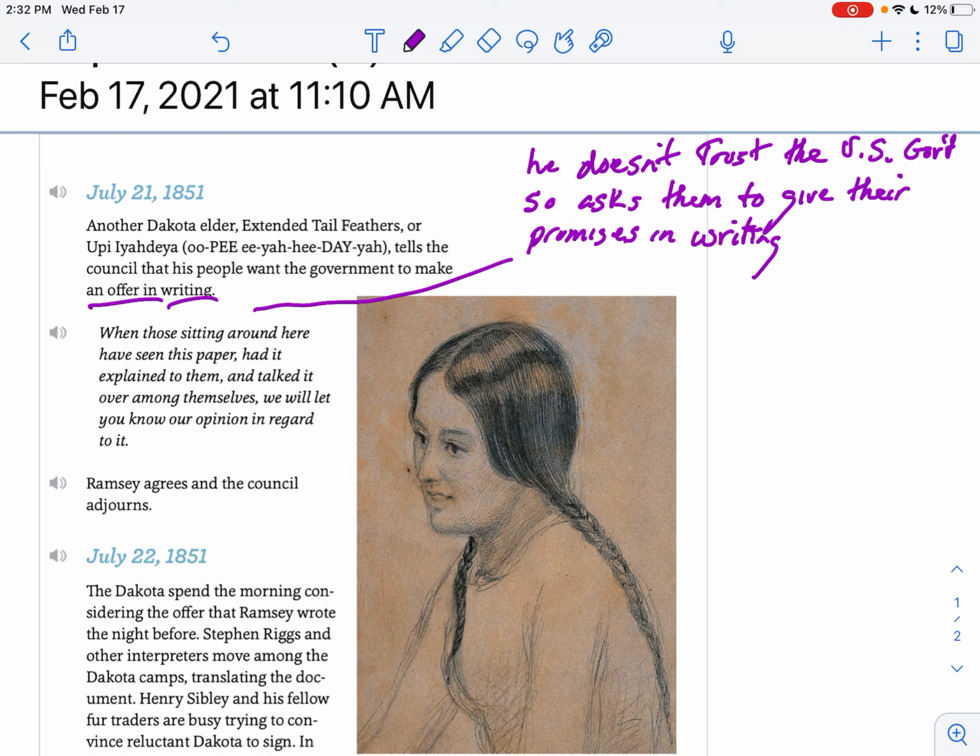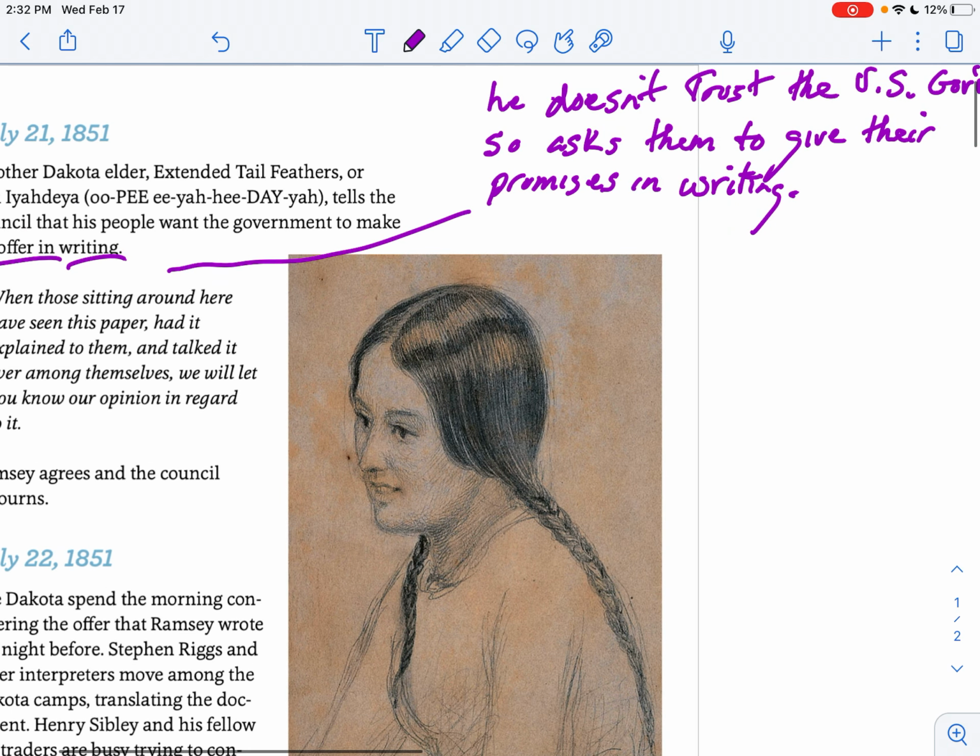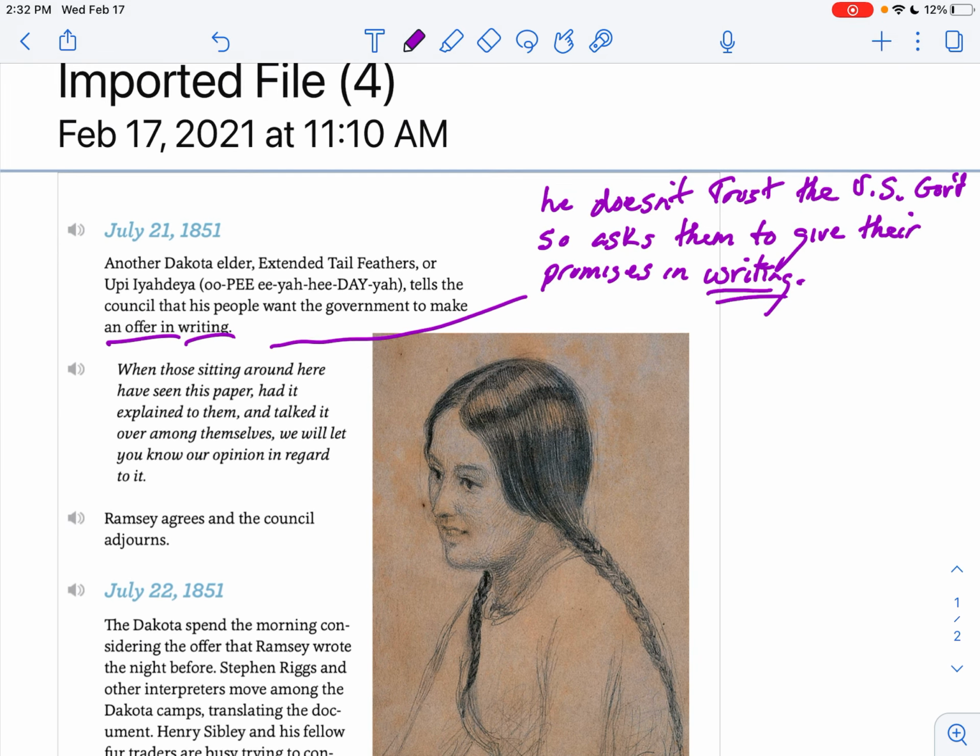So, if you are making a deal with somebody and they make some promises to you that they're going to give you something, how do you know they're going to go ahead and do it? Well, you don't. It's your word against theirs. But if they put something down on paper in writing, guess what? You have a written record.